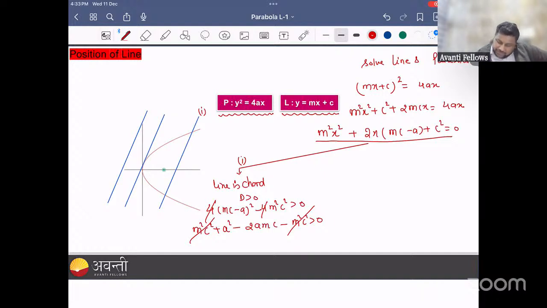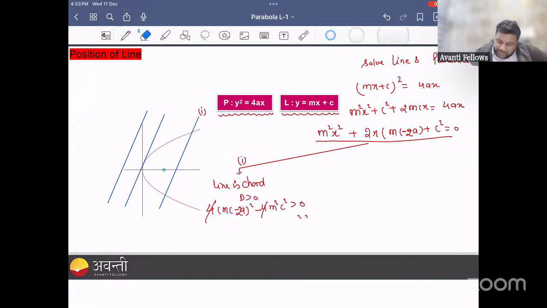D more than 0 means b square minus 4ac more than 0. So 4 times mc minus a whole square minus 4m square c square. Okay, it is mc minus 2a. That's what I'm saying, there is a mistake. So mc minus 2a whole square.